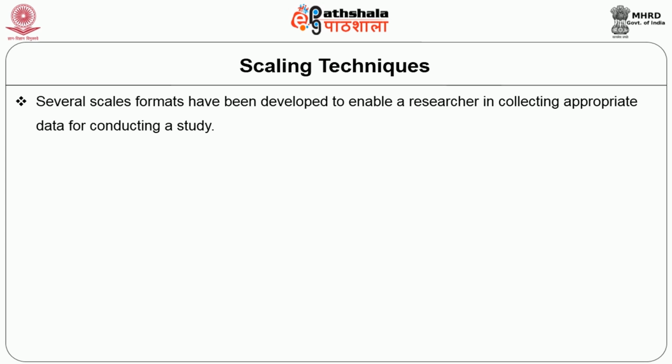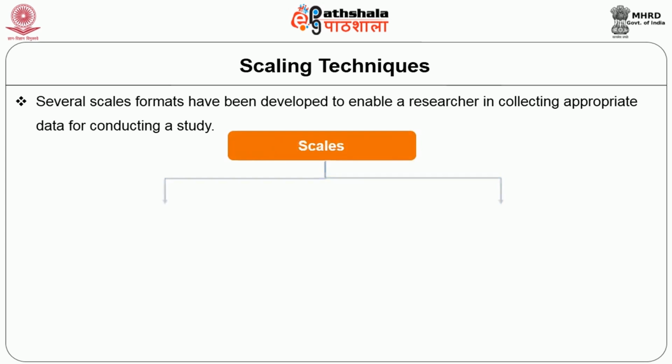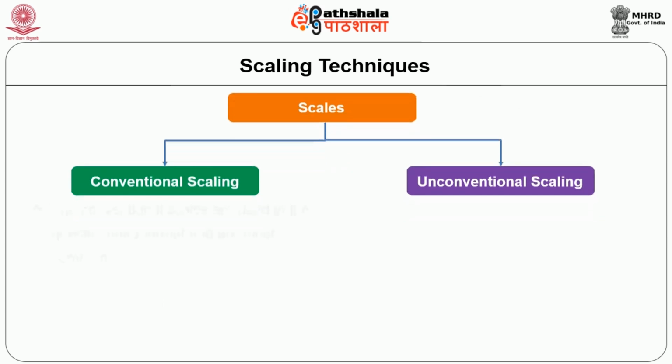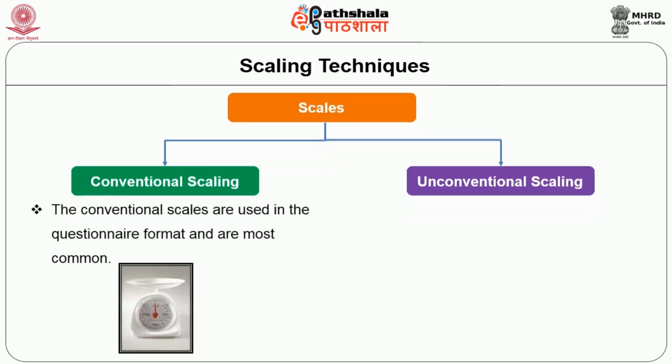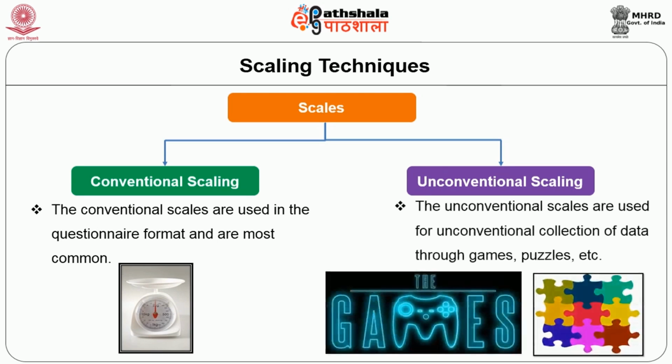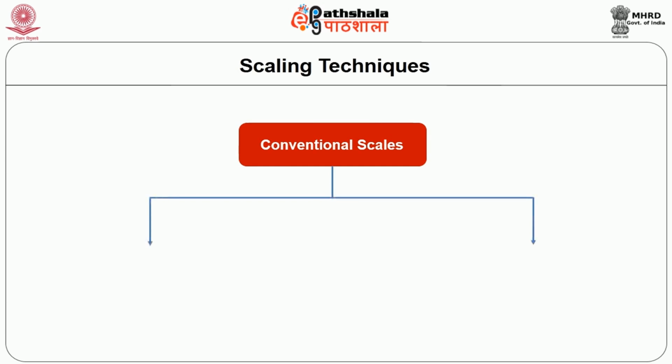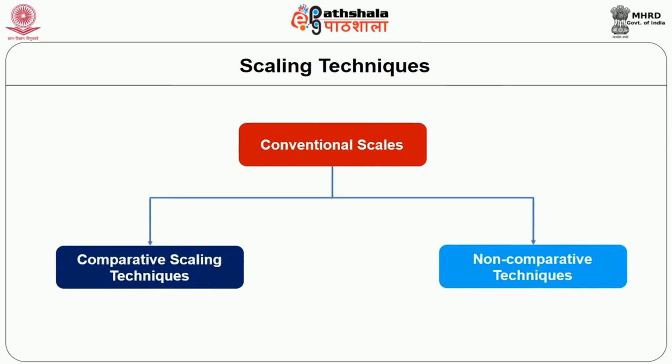The scales are broadly divided into two categories, namely conventional scaling and unconventional scaling. The conventional scales are used in the questionnaire format and are most common. The unconventional scales are used for unconventional collection of data through games, puzzles, etc. Conventional scales are of two types: comparative scaling techniques and non-comparative techniques.